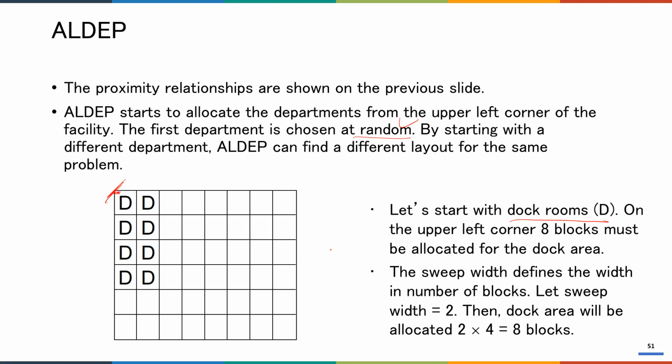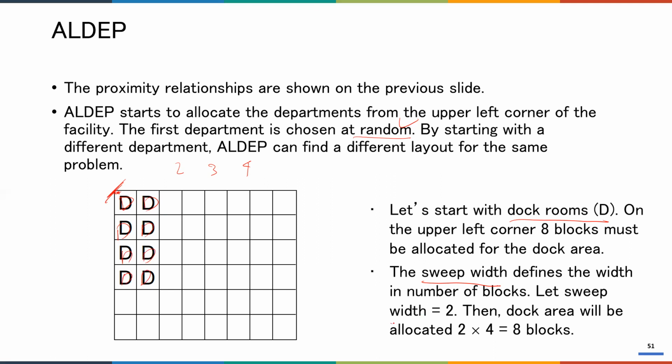Okay, so while we try to put it here, we can also decide the sweep width, which is the number of blocks, the width, yeah. So you can choose 2, you can choose 3, you can choose 4, you can choose 1. So in this case, for example, I choose 2, and then we just place 2 here, dock.